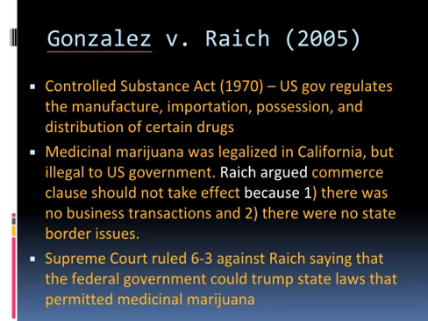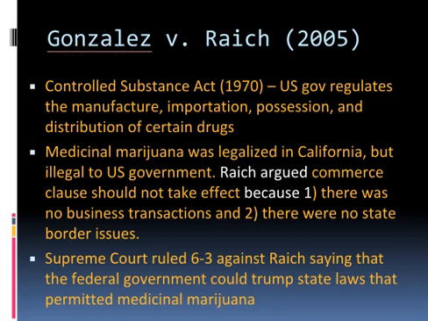And in a 6-3 decision, the Supreme Court finds in favor of Gonzalez, who is the Attorney General for the United States. Raich lost because the federal government can trump state laws that permit medicinal marijuana.